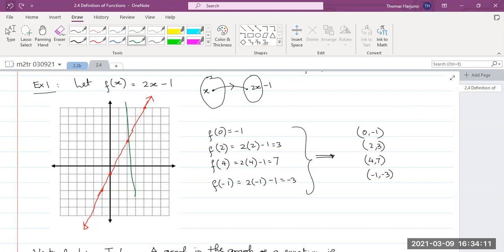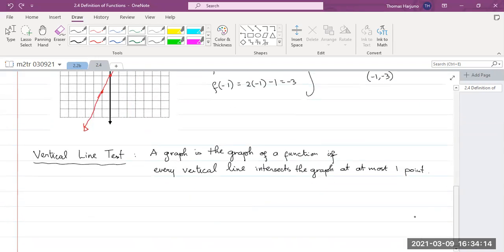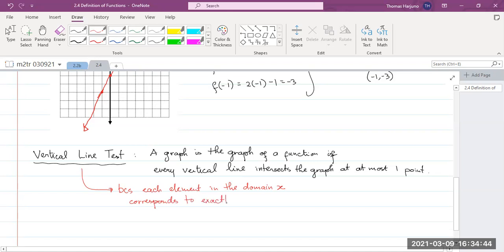Now, if you wonder why the vertical line test is true, it is because, remember, each element in the domain X corresponds to exactly one element in the range. So here's what happens.